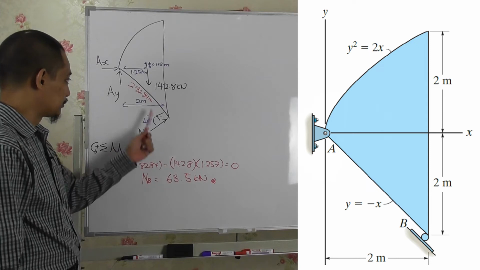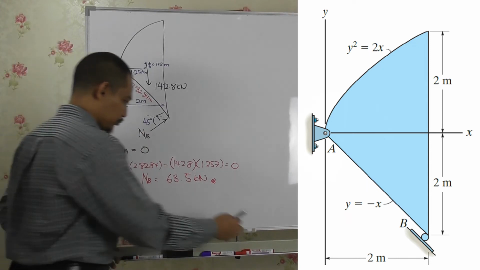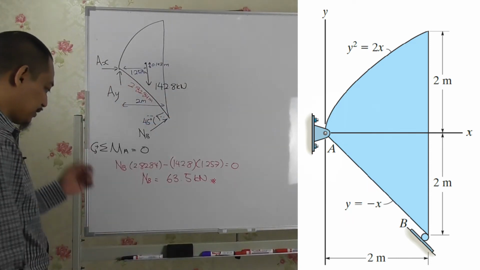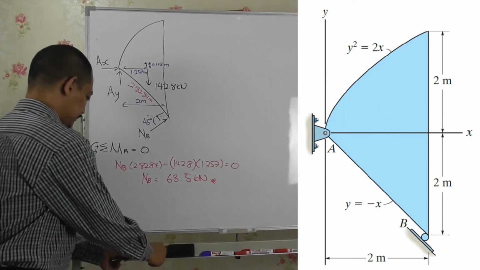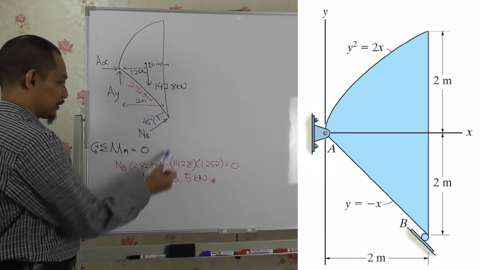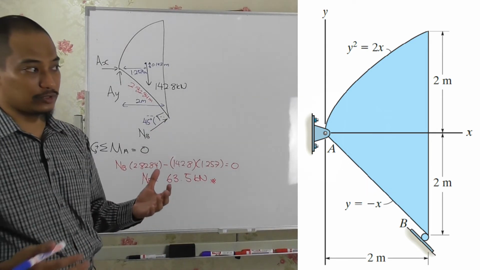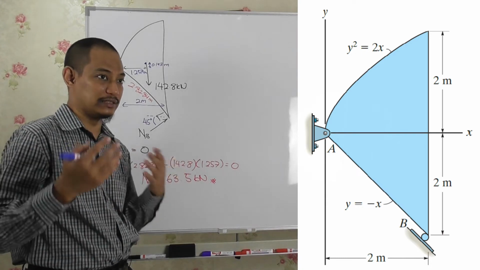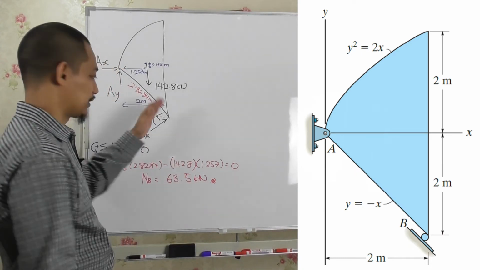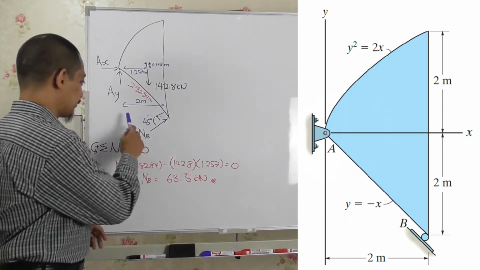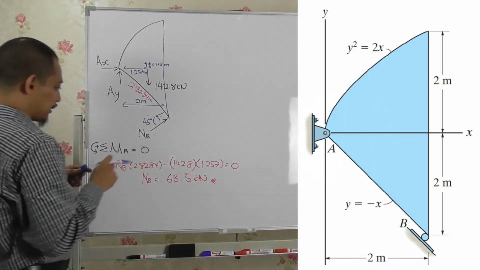For those who do not understand what is going on, you can also resolve into X and Y. Normally it's suggested like that, because that is easier for getting the perpendicular distance, vertical and horizontal, right? If you resolve into X and Y, your calculation will be like this.